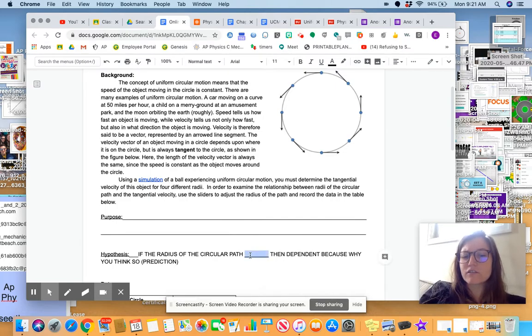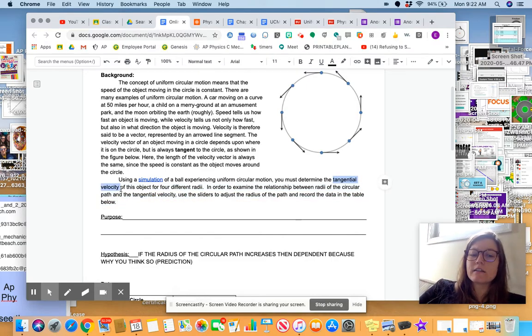If the radius of the circular path increases, or if the radius of the circular path decreases, then which variable are we measuring the impact on? The tangential velocity.